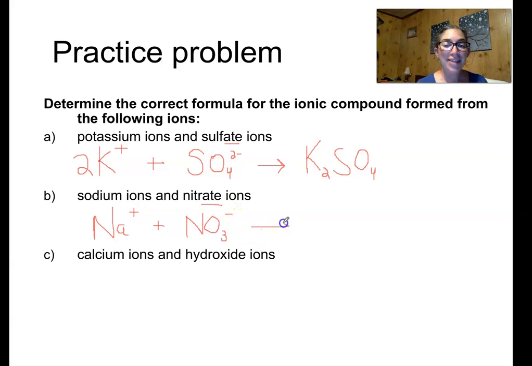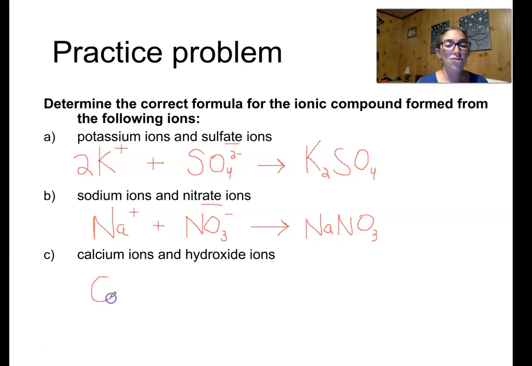In this case, it's pretty straightforward. Sodium, 1+, nitrate, 1-. It's 1 to 1, so it's just NaNO3. And that is the compound. End of story. Easy peasy.